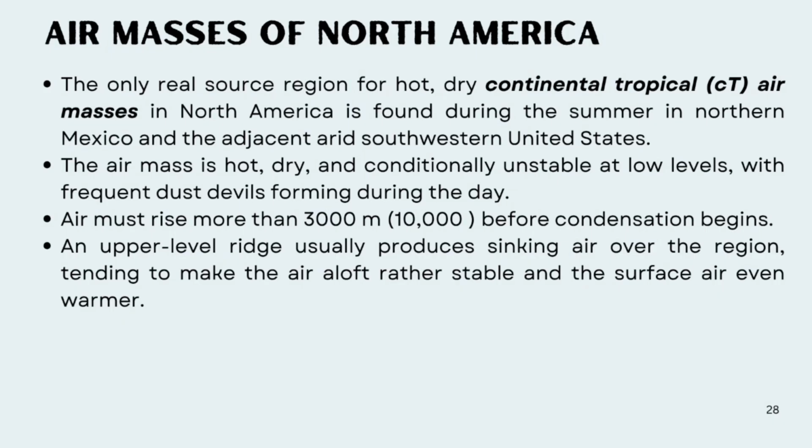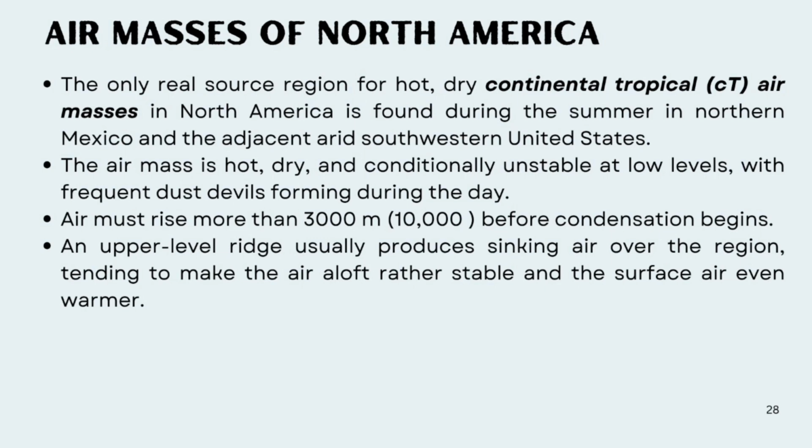So the only real source region for hot, dry continental tropical air masses in North America is found during the summer in northern Mexico and the adjacent arid southwestern United States. The air mass is hot, dry and conditionally unstable at low levels, with frequent dust devils forming during the day.